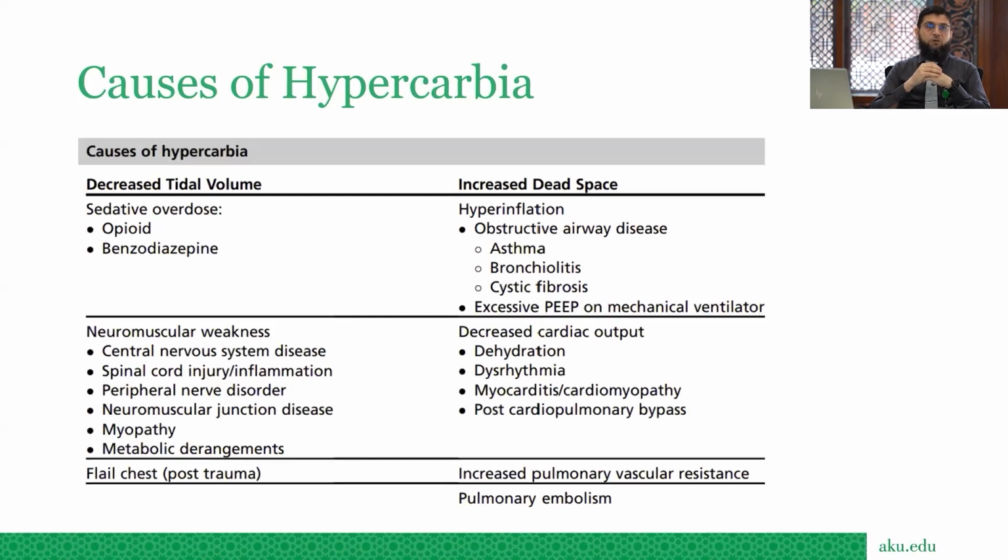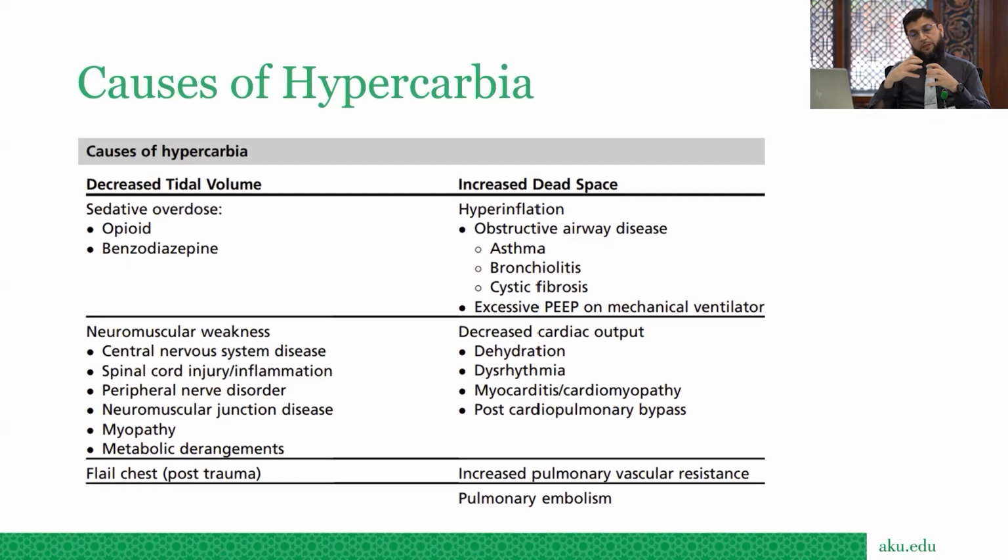What are the common causes of hypercarbia? It can be decreased ventilation, decreased tidal volumes, as occurs in sedative overdose like benzodiazepines and opioids, or it can be neuromuscular disease like central nervous system disease, spinal cord, peripheral nervous system, or other diseases, and flail chest post-trauma. Or it can be due to increased dead space ventilation, like hyperinflation as occurs in obstructive airway disease like asthma, bronchiolitis, and cystic fibrosis.